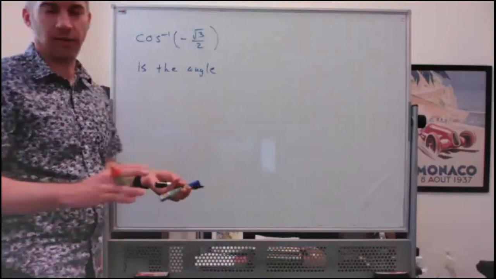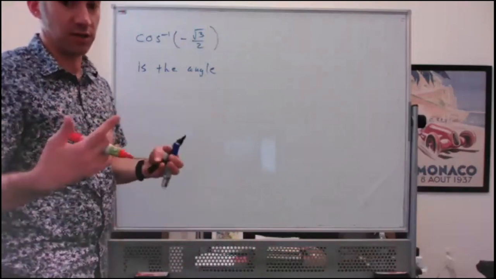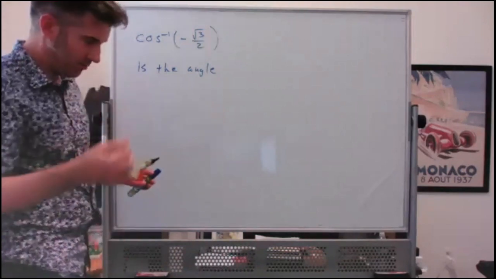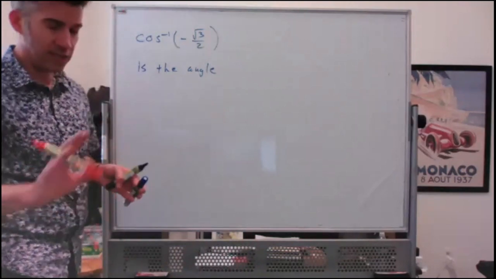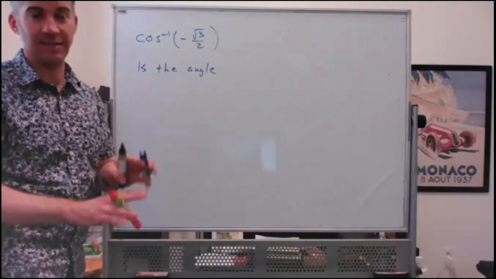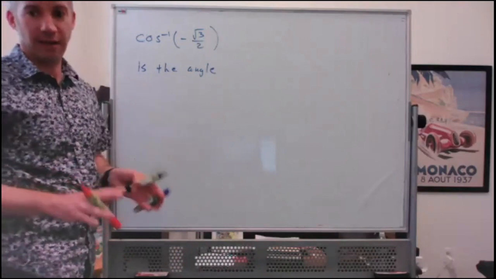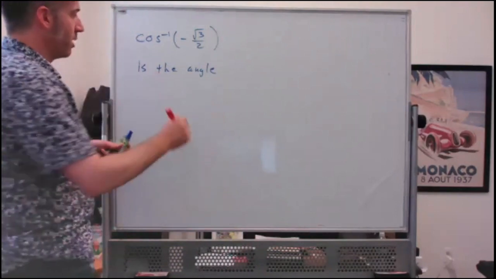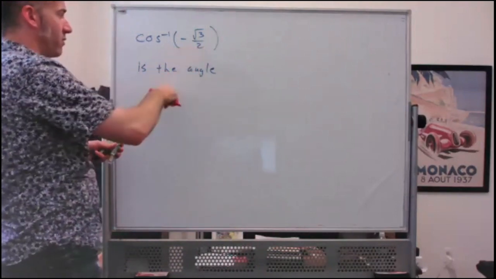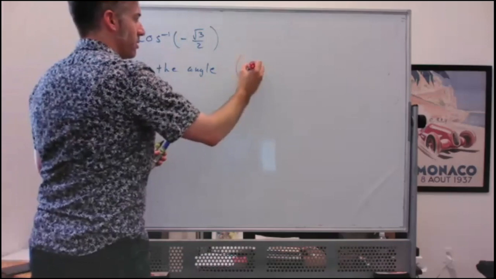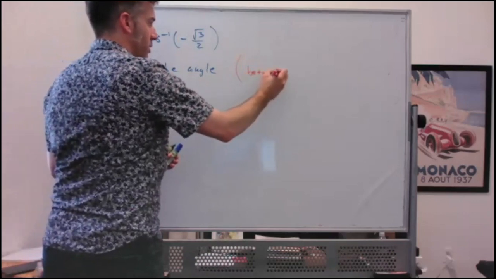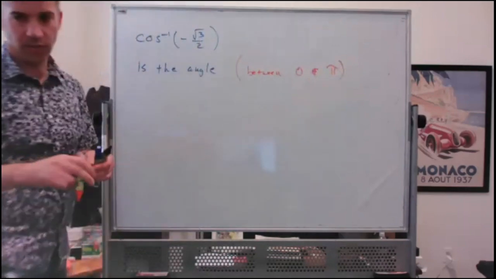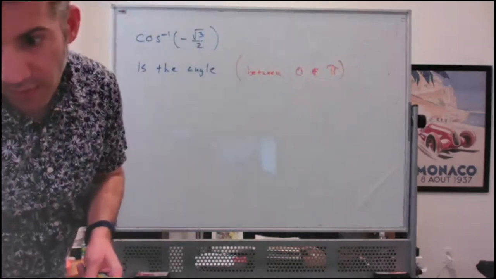A function is always a thing that if you give one input, you get one output. I don't want to get too into it because we're getting ready for a test. It doesn't really revolve around that, but we can talk more about that later, because it is an important idea. So inverse cosine of negative root 3 over 2 is the angle between 0 and pi. But again, I don't think you need to write that part.